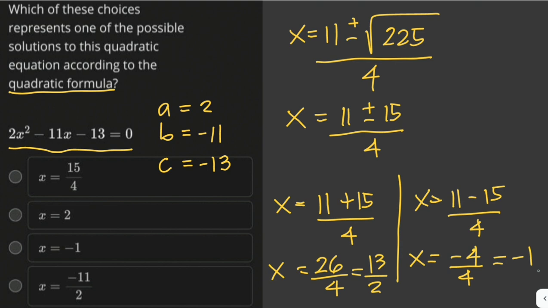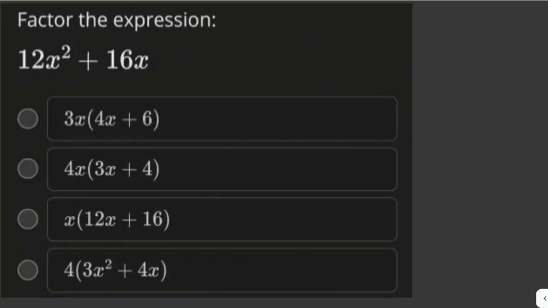Okay, so these are the possible solutions to this quadratic equation here. From the choices given, we don't have 13 over 2, but we have negative 1. So our answer is this one, x equals negative 1.